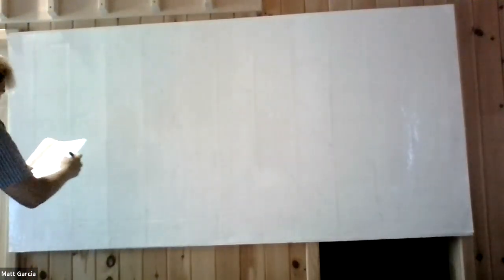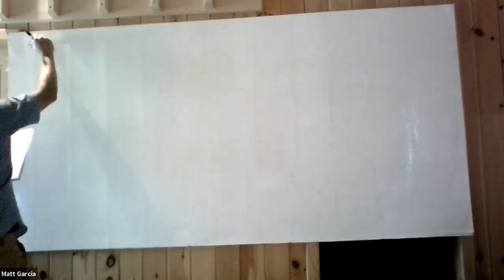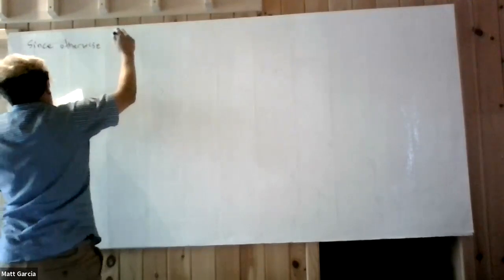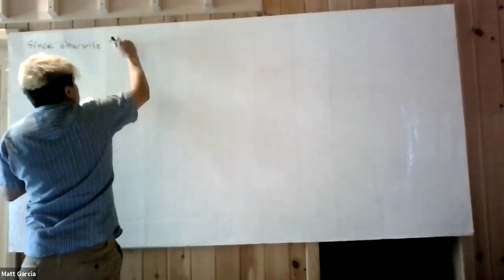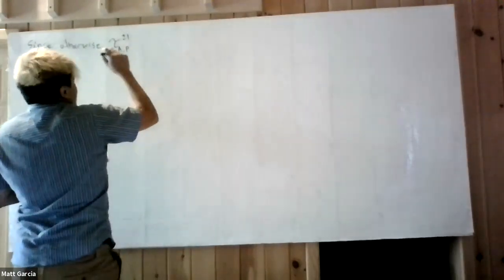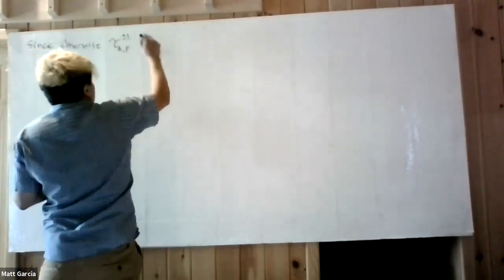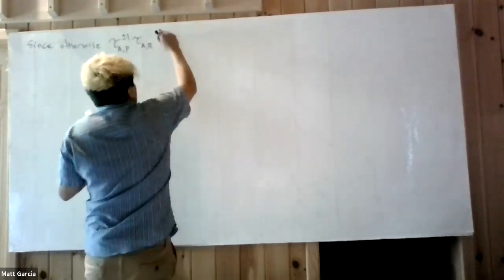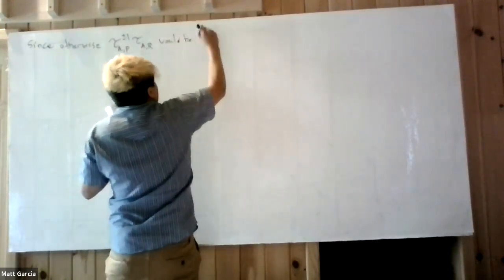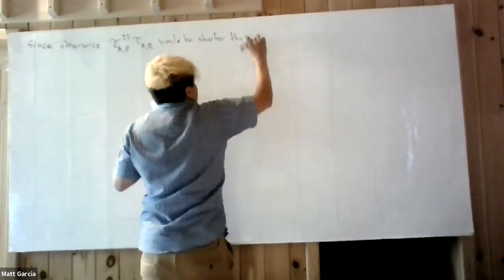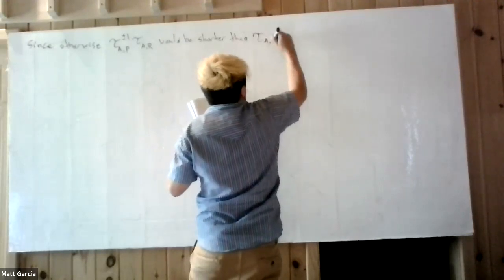So, these conditions on R must be the case, since otherwise one of tau sub A comma P, either by itself or inverse, times tau sub A comma R would be shorter than tau sub A comma R.